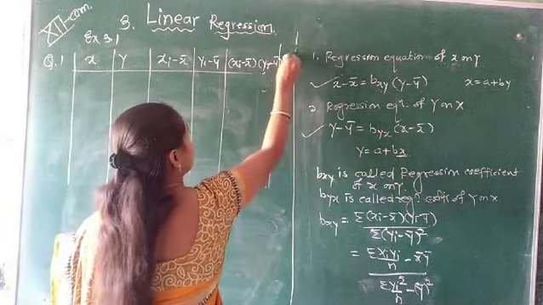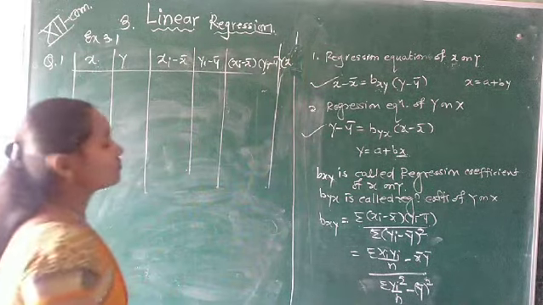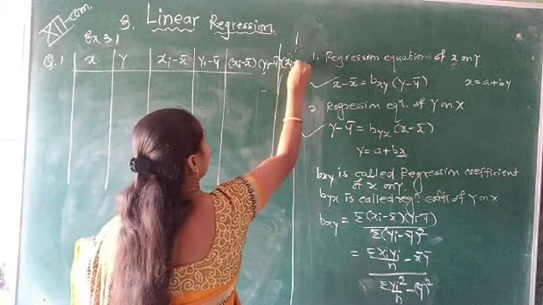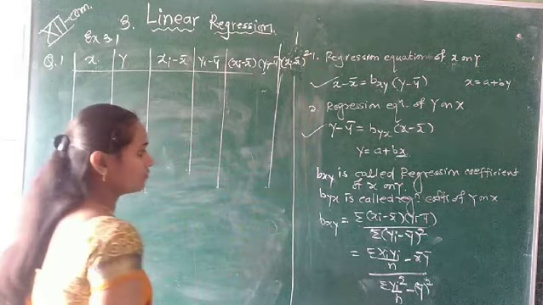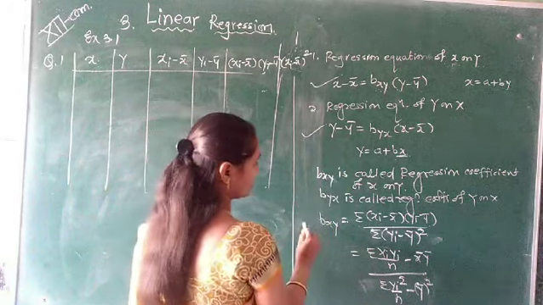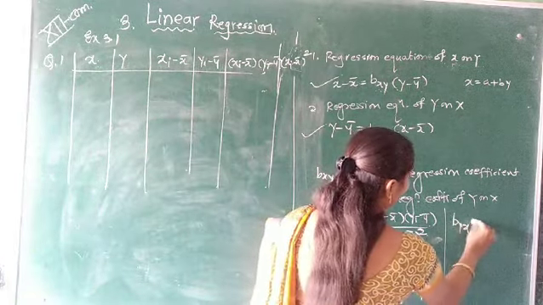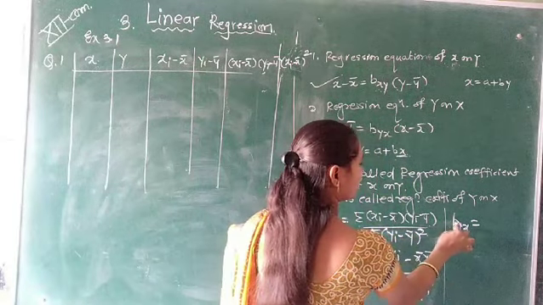The last one is the square for regression of y on x. Since we have to take the product and square of xi minus x bar, we need the regression equation of y on x.